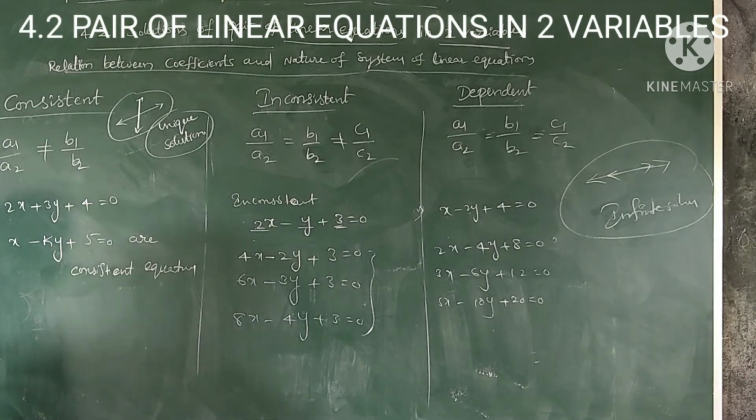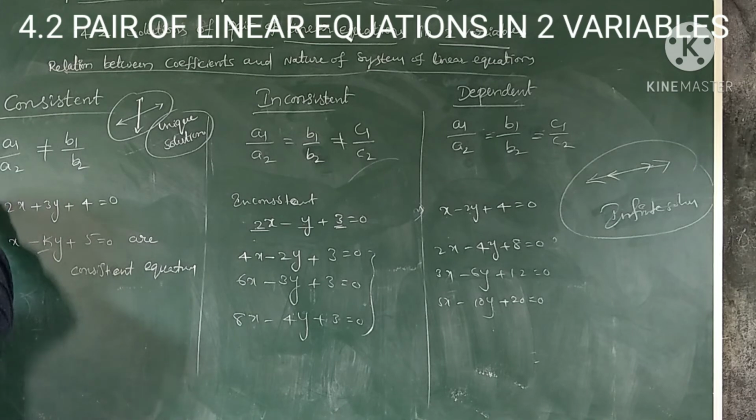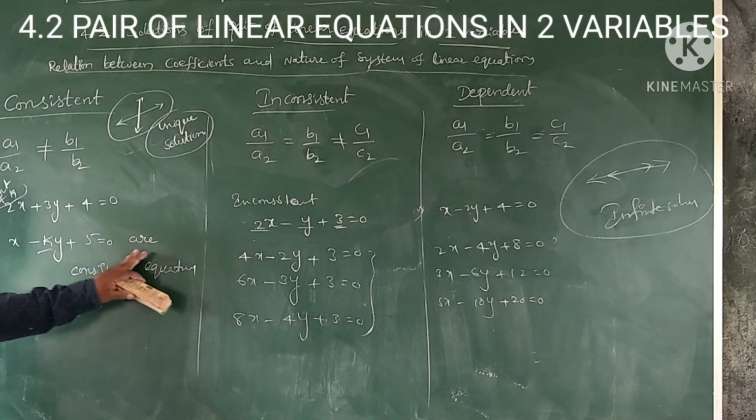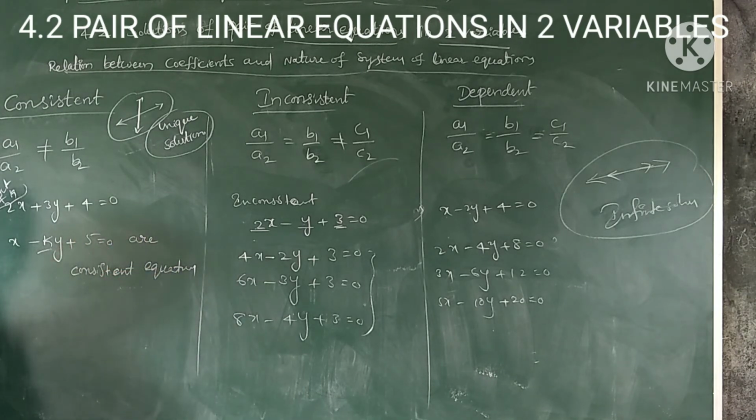Find the value of k. Otherwise, these two represent intersecting lines. For what value of k do these represent consistent equations?